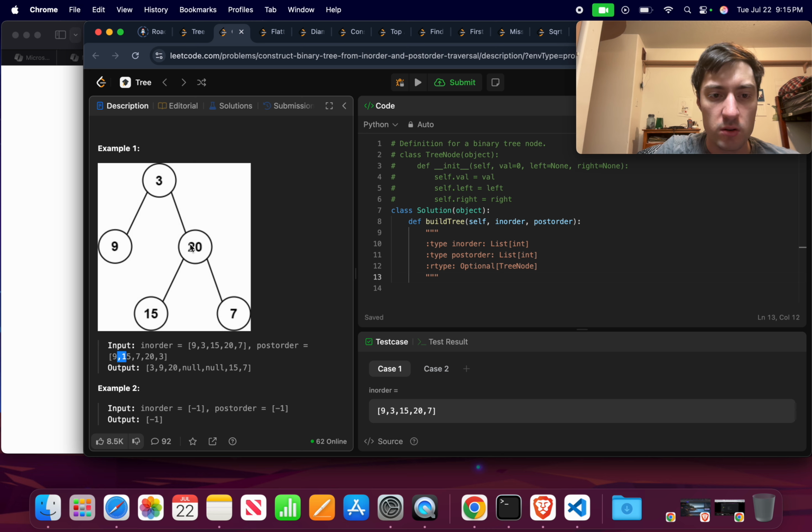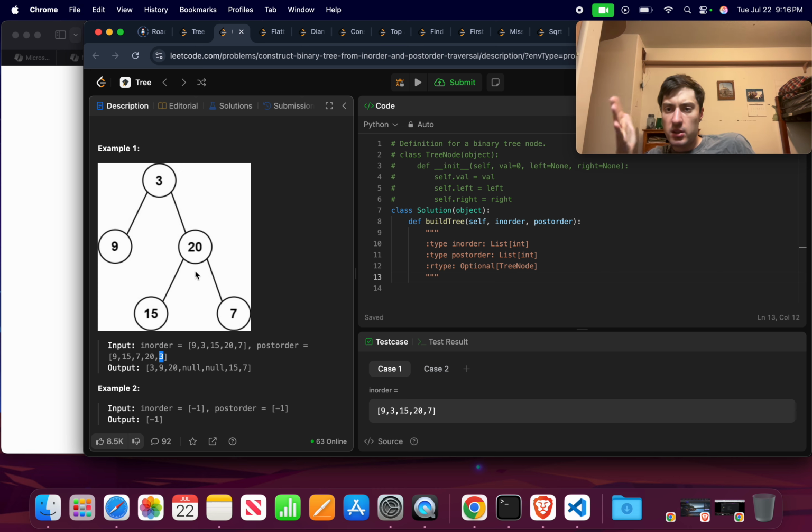Now, 15 has no children. Okay, so I've already processed it. Then I come up here, 7 has no children, then 20 has no remaining children. And then 3 has no remaining children.